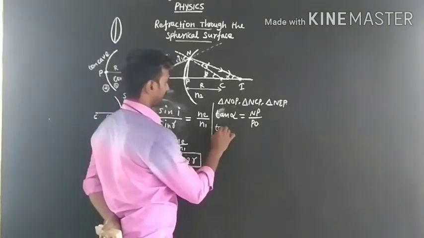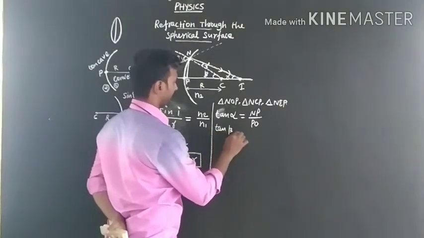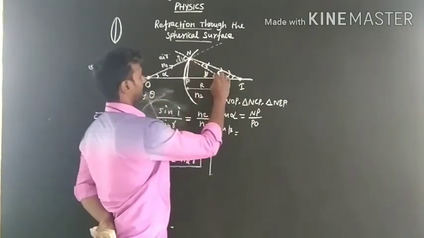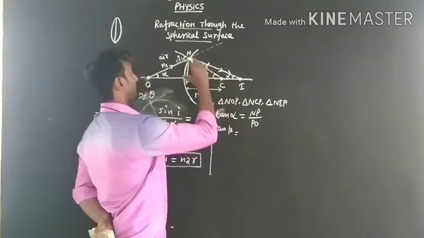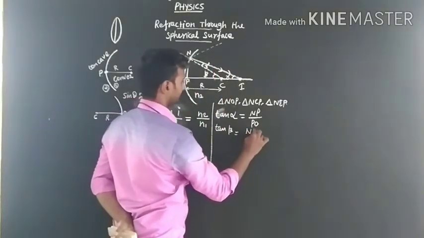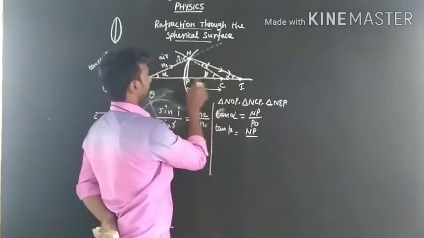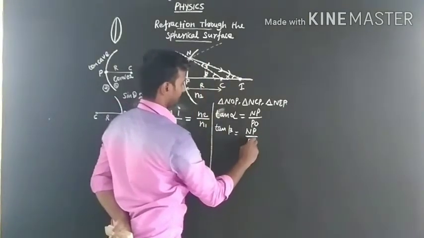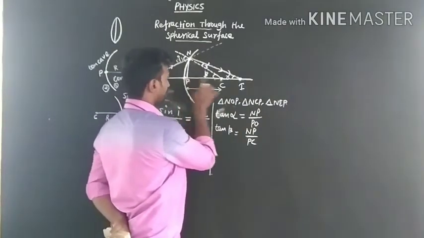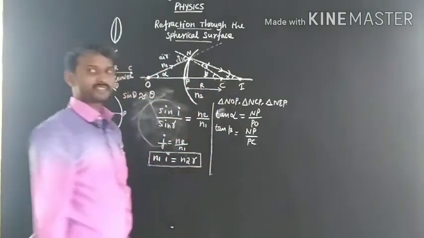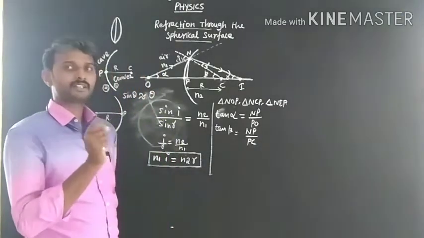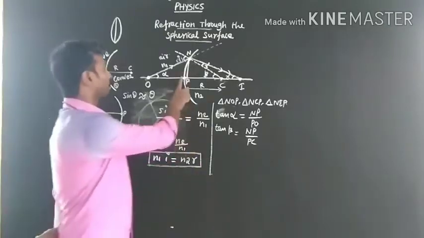Similarly, for the second triangle, tan beta. For this triangle, here the alpha, here beta is here, so the opposite side is once again NP. Then the adjacent side is PC. Here the adjacent side is written only as PC, not CP, because for the sign conventions, all the distances are measured from the pole of the mirror.